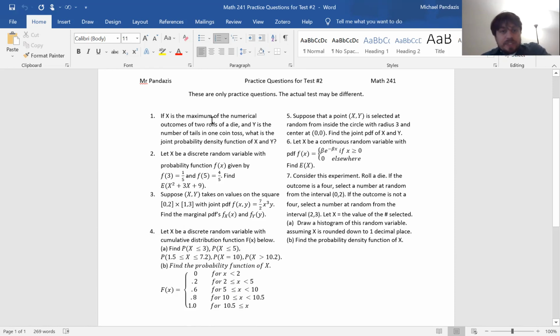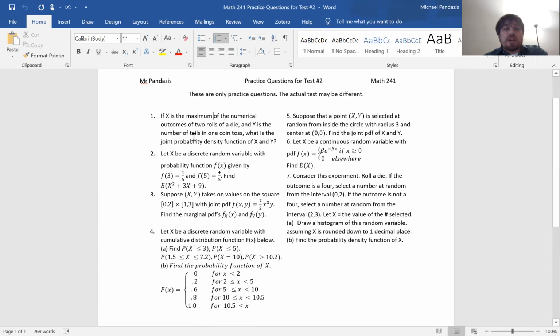Note that if you roll the die twice and you record the maximum numerical value, and separately, you flip a coin once and find the number of tails in that one coin toss, those two things are completely independent of each other.